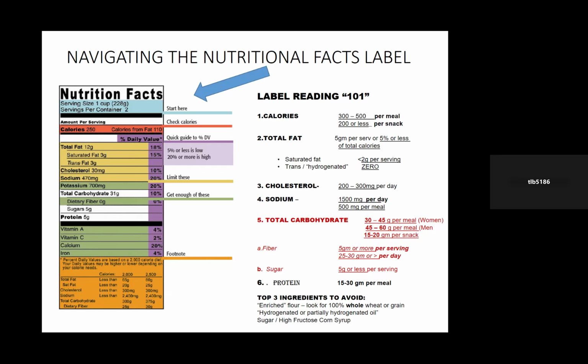Large amounts of sodium cause an increase in fluid retention in the body, which can lead to a number of things that we'll discuss in just a few minutes. But one of those is high blood pressure. So we want to make sure that we have foods that are low in sodium. And our sodium limits are 1,500 milligrams per day or no more than 500 milligrams per meal.